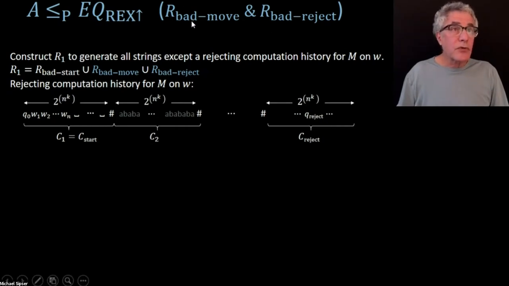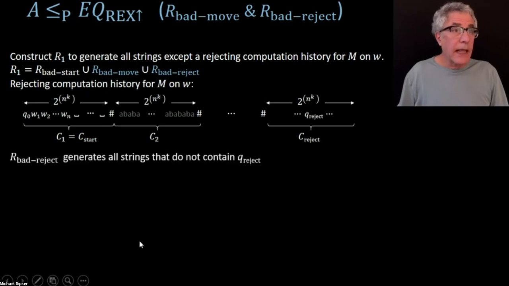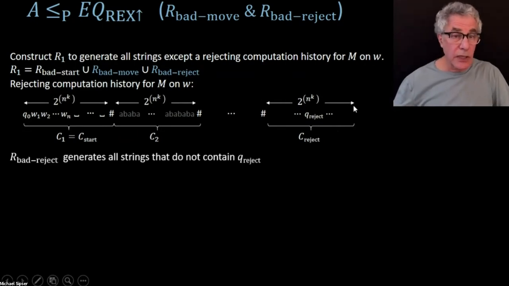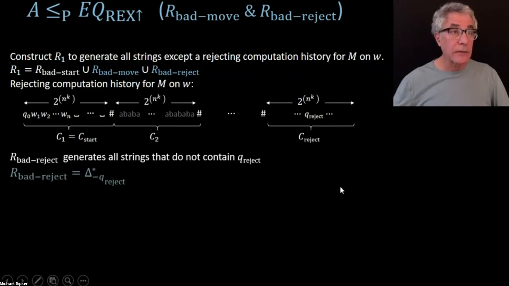So now I'm going to describe the bad move and bad reject pieces. Bad reject generates all strings that don't contain the Q reject symbol. So that's going to certainly describe all of the strings that don't end correctly. And that's simply the delta with the Q reject symbol removed, and then any string of those.